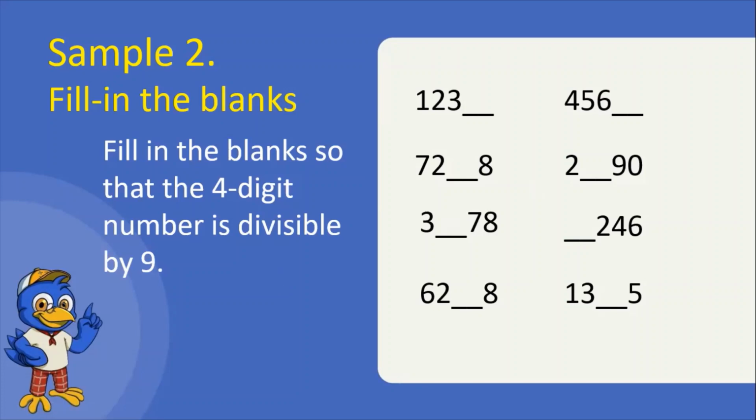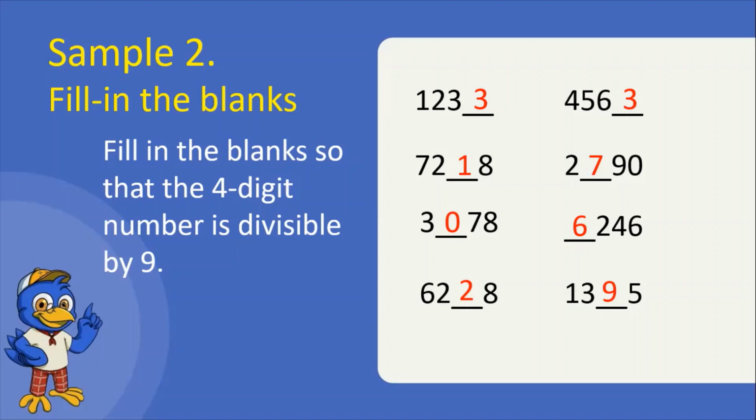Another sample activity is fill in the blanks. Fill in the blank so that the 4-digit number is divisible by 9. So the solutions to the given problems are as follows. However, for the third problem, there may be another solution.